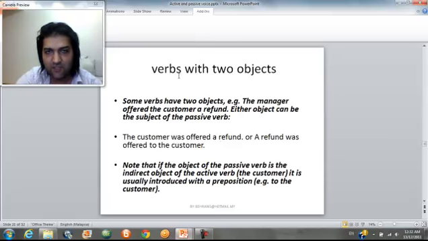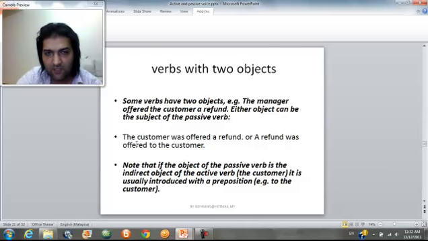Now sometimes we have a verb with two objects, one direct object and one indirect object. Some verbs have two objects. For example, the manager offered the customer a refund. Either object can be the subject of the passive verb. What does it mean?